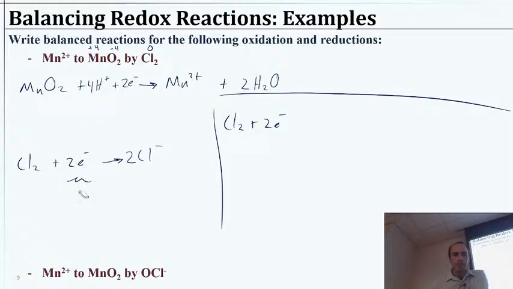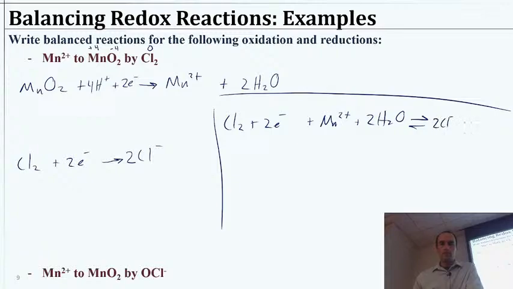So this piece, plus this side, so that'll be plus Mn2+ and 2 waters, is going to be, and this is an equilibrium reaction when we put them together, and we will have 2 Cl- plus MnO2 plus 4H+ and 2 electrons.